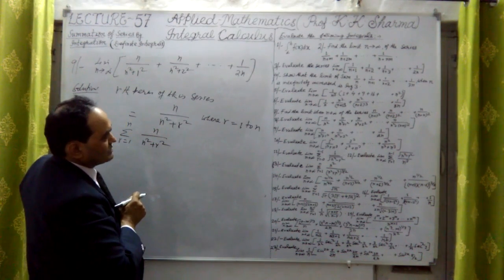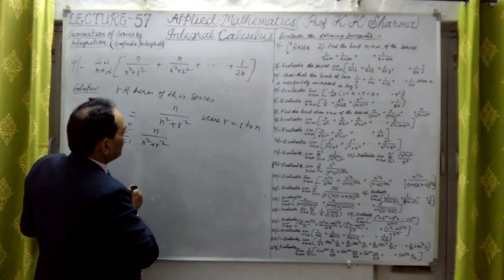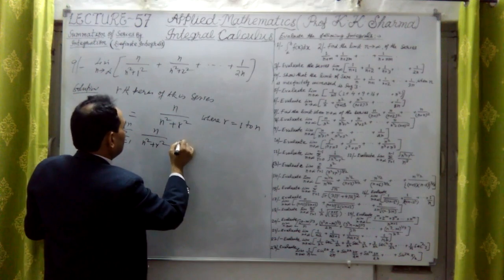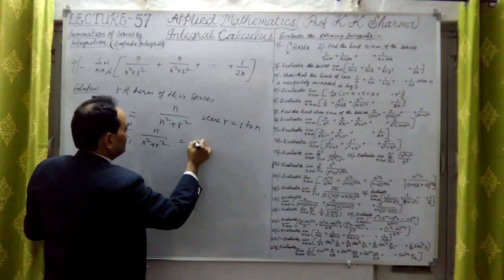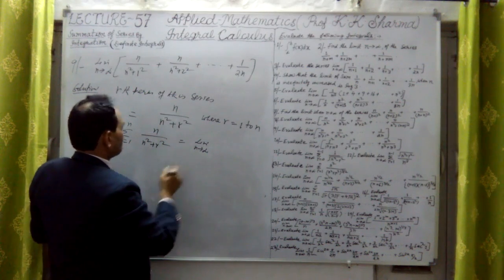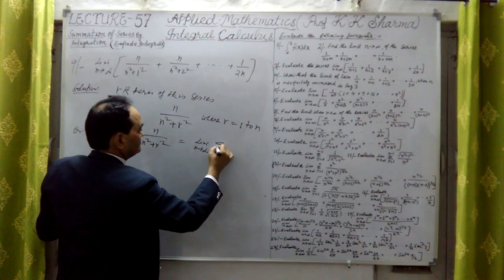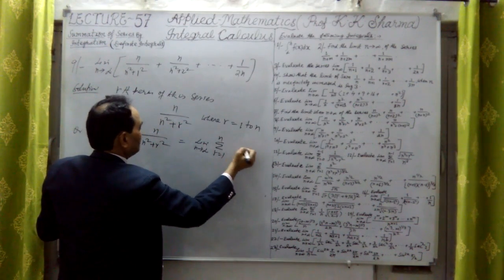Okay, same thing here. 1 upon n square plus r square. Again, we have to take the common. It is limit n tends to infinity, sigma r is equal to 1 to n.